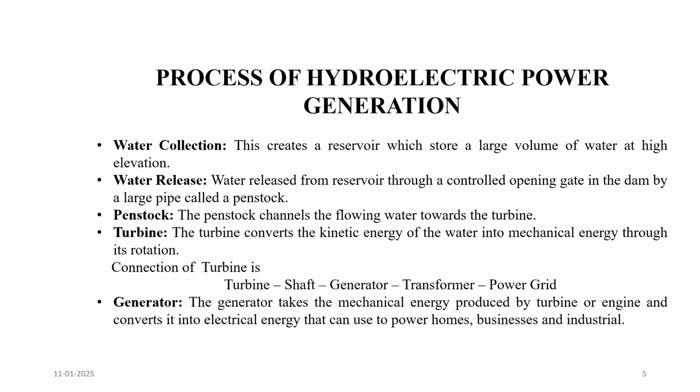The generator takes the mechanical energy produced by the turbine or engine and converts it into electrical energy that can be used to power homes, businesses and industries. Now moving to the next slide, we also discuss the process of hydroelectric power generation.